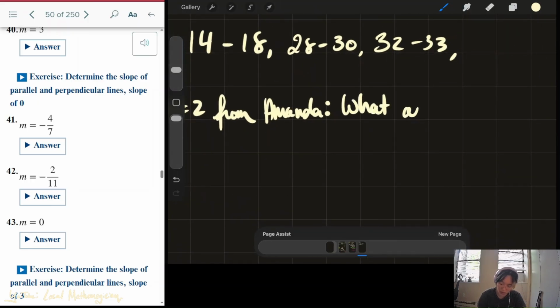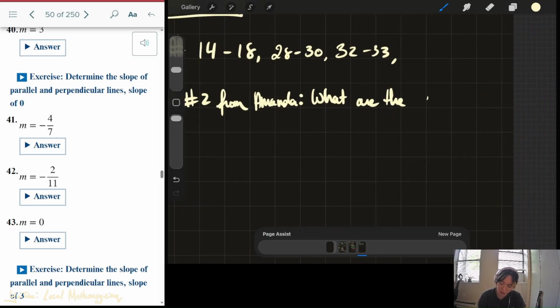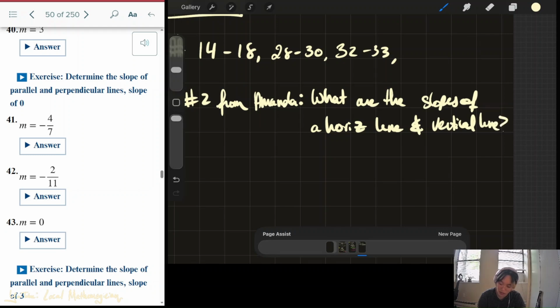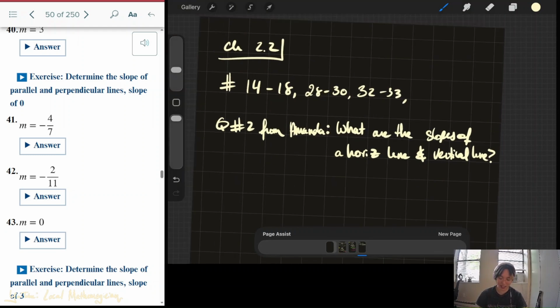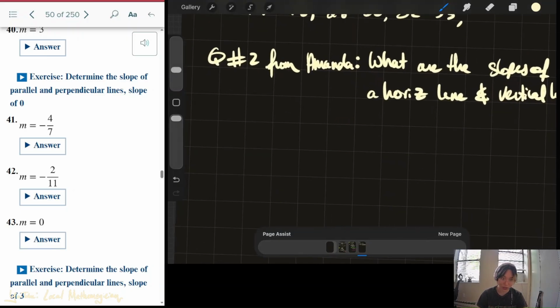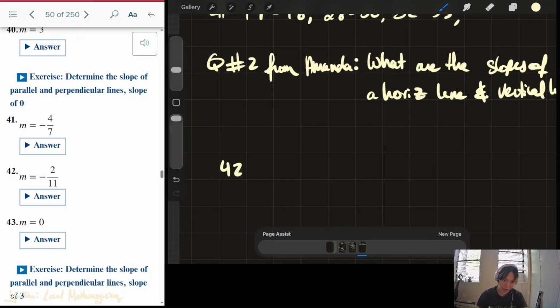I want you to answer, I guess this is question number 2 from Amanda. What are the slopes of a horizontal line and a vertical line? And that's important because then after this I want you guys to do number 42 and 43.